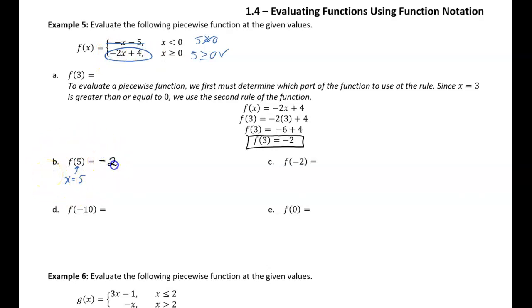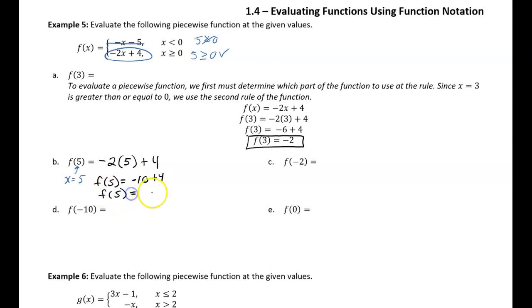So then here's my skeleton. -2 times that substitution part plus 4. So I'm going to plug in my 5. And we have -2 times 5. That's -10 plus 4.